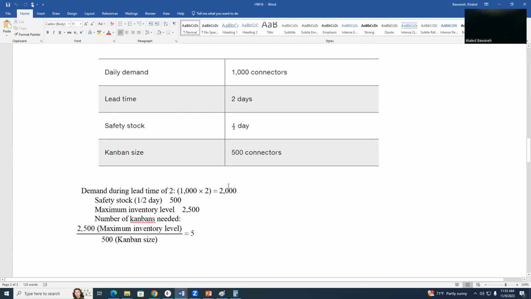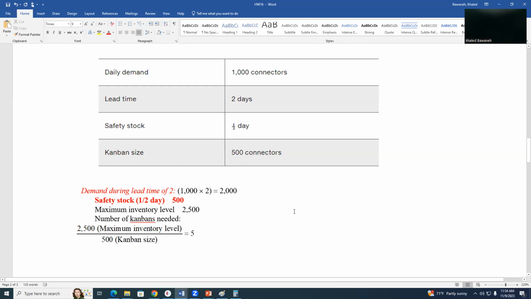So the demand during lead time is 2,000, which is 2 days times 1,000, right? Okay. The safety stock is 1/2 day, which is 1/2 times 1,000, so 500.